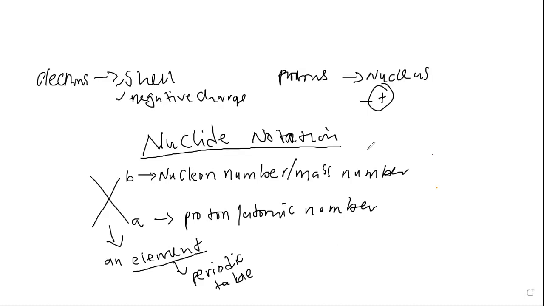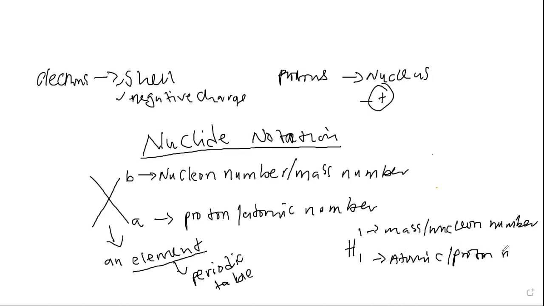Let's go over this. If we go on the periodic table, we check on hydrogen. It has got a number 1 on top and also 1 down. So this number on top here, this is what we call the mass or the nucleon number. You can confirm that. Then this number down here, this is what we're calling the atomic or the proton number.